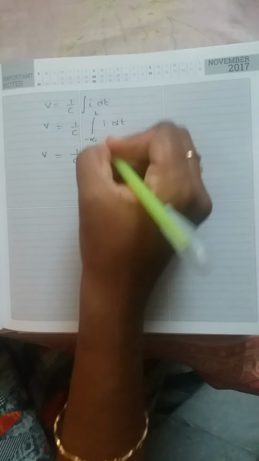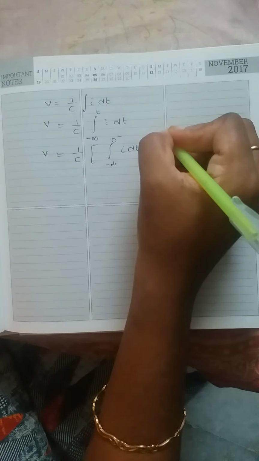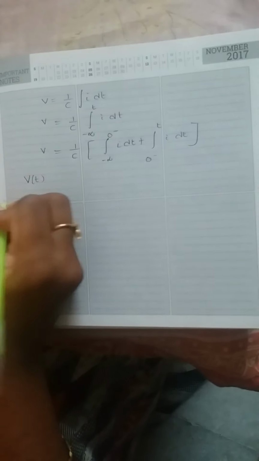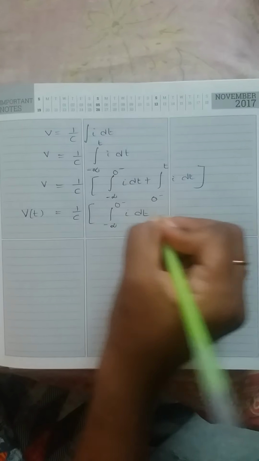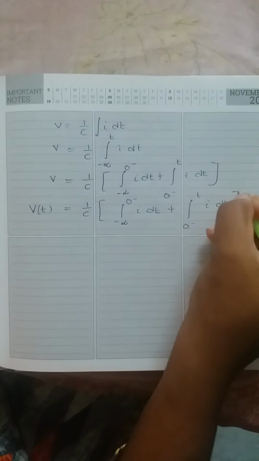Splitting these intervals into minus infinity to 0 minus I dt plus 0 minus to t I dt, V of t equals 1 by C integral minus infinity to 0 minus I dt plus 0 minus to t I dt.